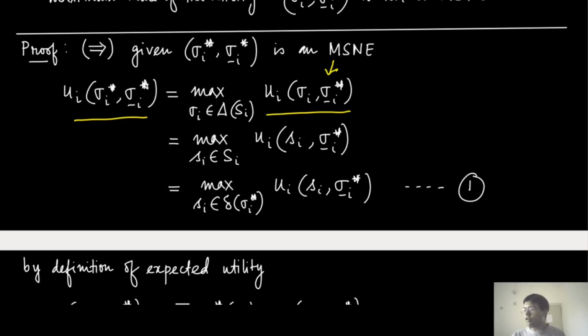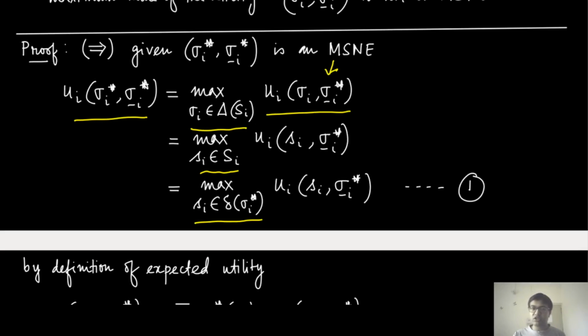Now we have also seen, from that observation that we have made, that if you want to maximize with respect to a distribution, it is equivalent to maximize over the pure strategies. So that's done. Now we also know, by using the last part of the second observation, that when sigma I star, sigma minus I star is an MSNE, the maximizer strategy must exist within the support of sigma I star.